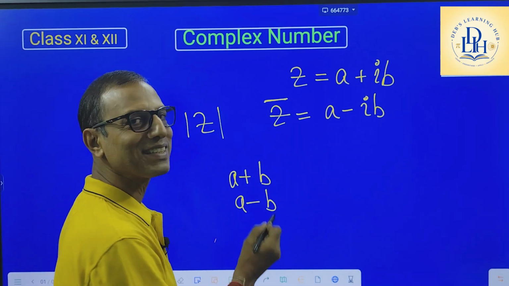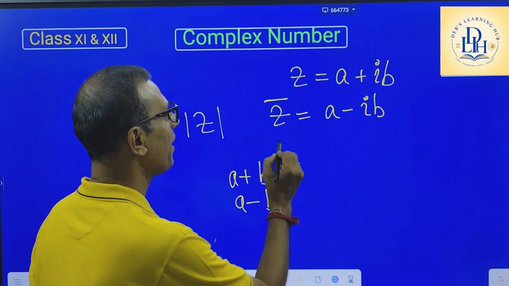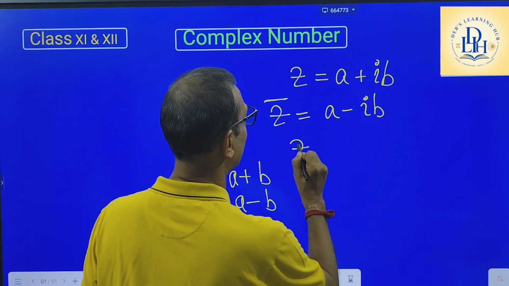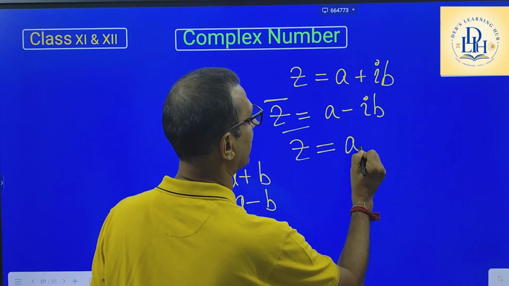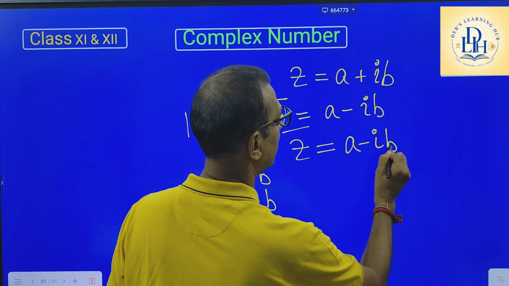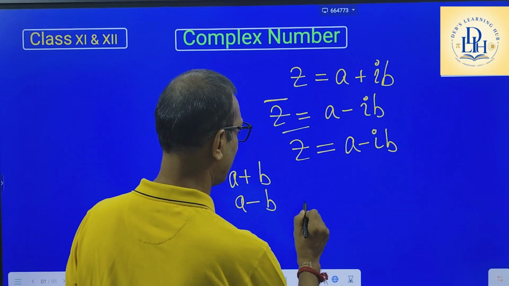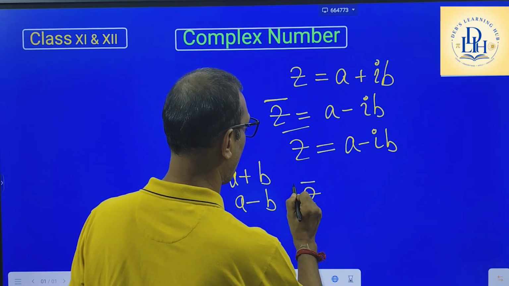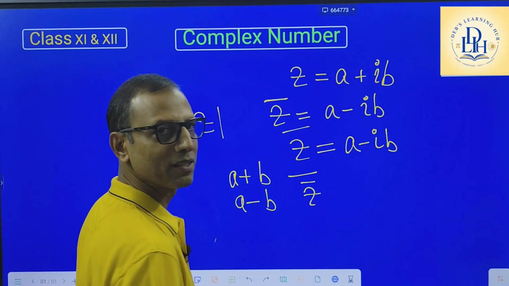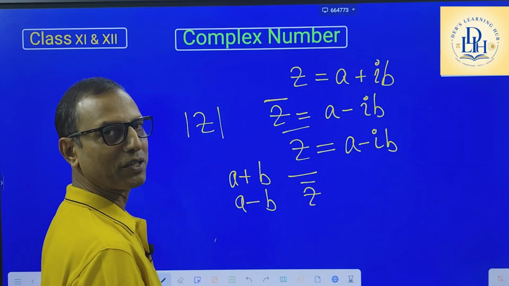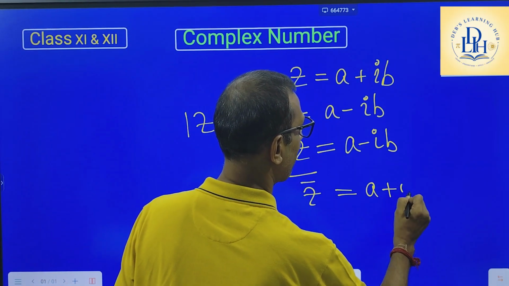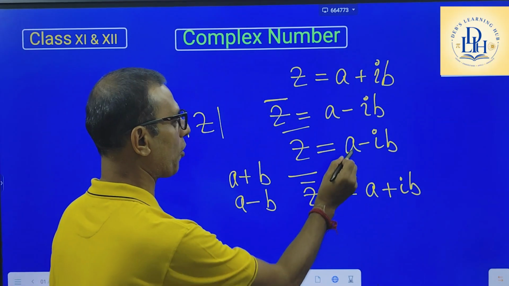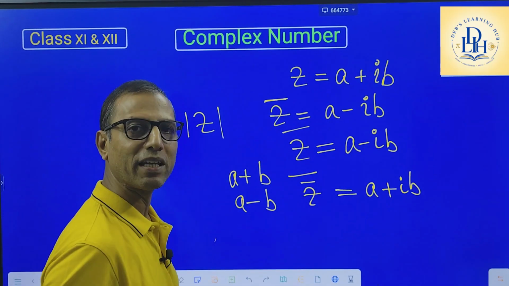Right? So see the fun thing: the conjugate number of z is a minus ib. That means if I take the conjugate of z's conjugate, so the second time I am taking the conjugate of this, it is again a plus ib, because the conjugate of z means conjugate of a minus ib.